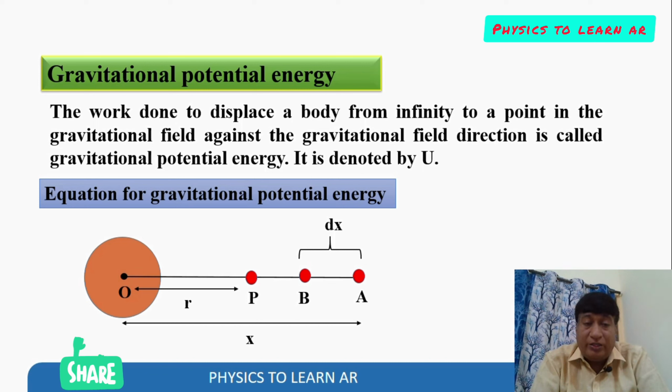If you bring that mass to point P, which is at a distance r, I have to find out the gravitational potential energy. In order to prove this, we are using one method which you can call integration, which we have used in previous classes and previous chapters.